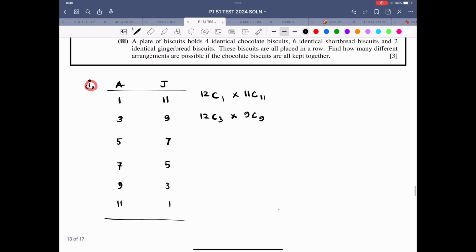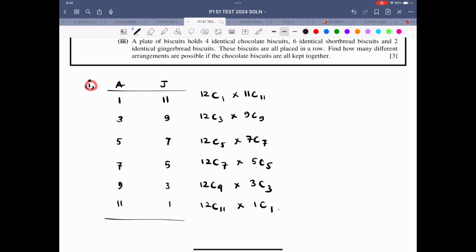So let me write over here that nCn is 1. And over here, 12C5 into 7C7. This is 12C7 into 5C5. This is 12C9 into 3C3. This is 12C11 into 1C1. And let me just evaluate all this.